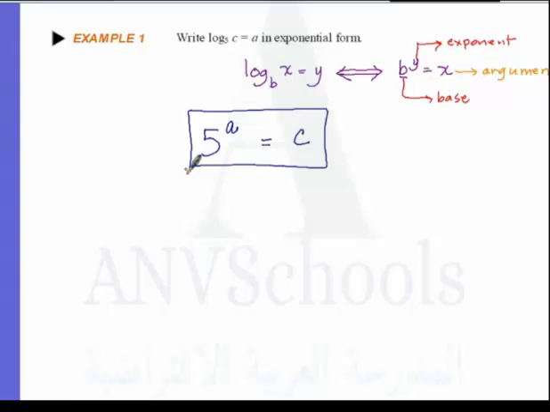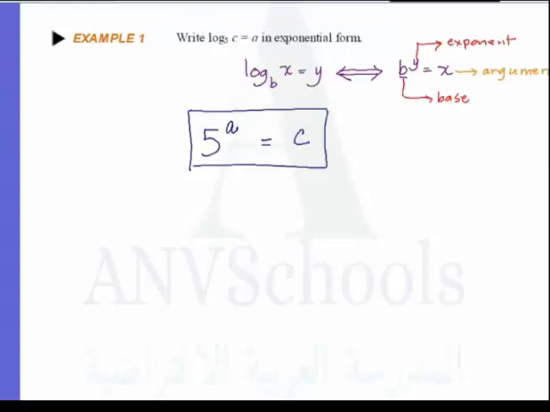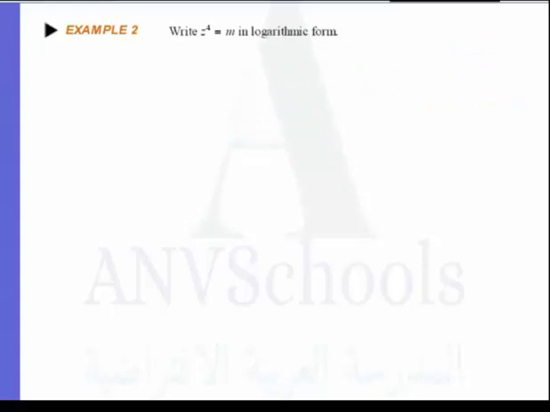Example number 2: write z raised to 4 is equal to m in logarithmic form. This is the opposite of the previous example. In the previous example, we were asked to get an exponential form given a logarithmic form. Now we are going to get the logarithmic form from a given exponential form.